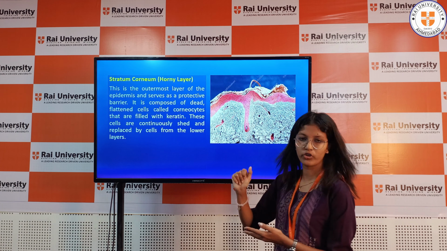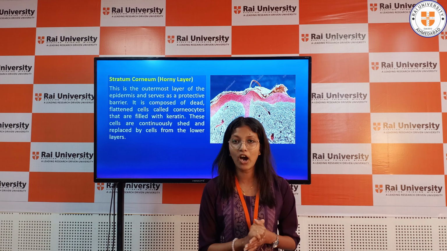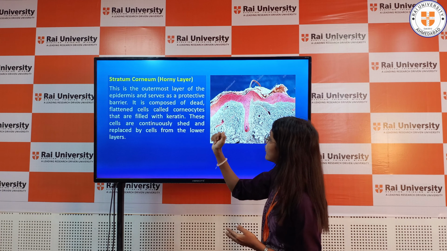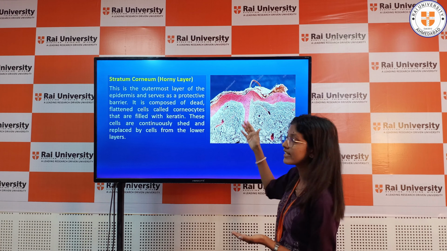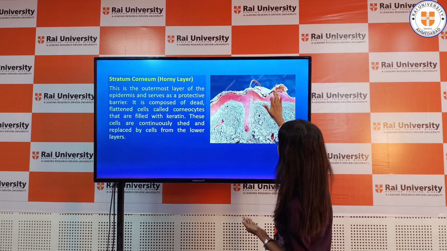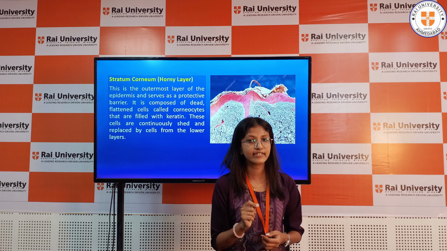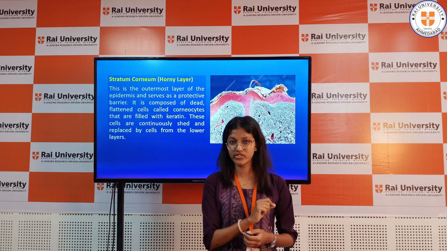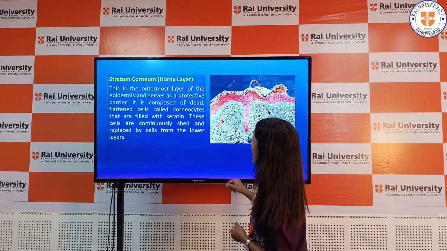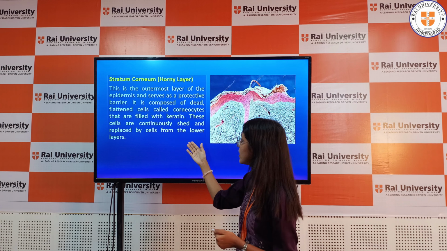So stratum corneum, I already discussed, is the outer layer. It is the outermost layer of the epidermis, and it gives protection to our skin. Dandruff we can say is an example of dead keratinocytes. It continuously sheds and is replaced by cells from the lower layer.